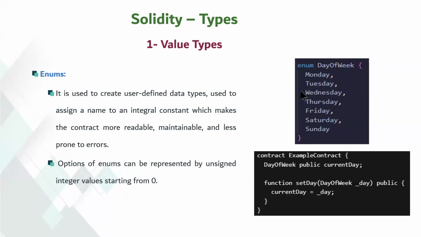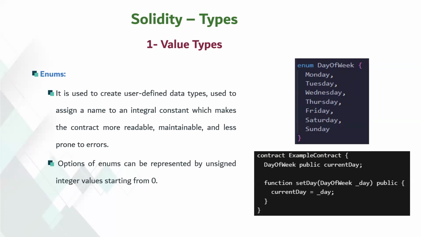We define an enum called DayOfWeek with 7 options representing the days of the week. By default, the first option, Monday, is assigned the value 0. The second option, Tuesday, is assigned the value 1, and so on.